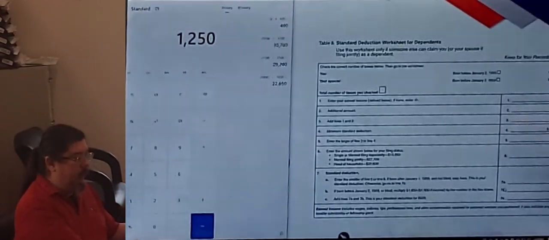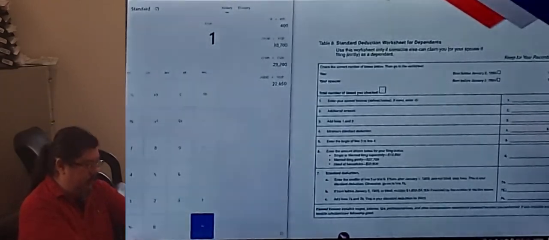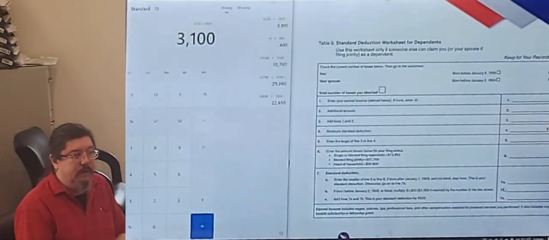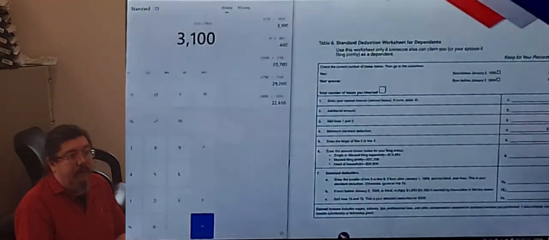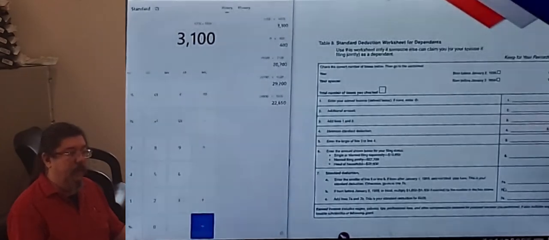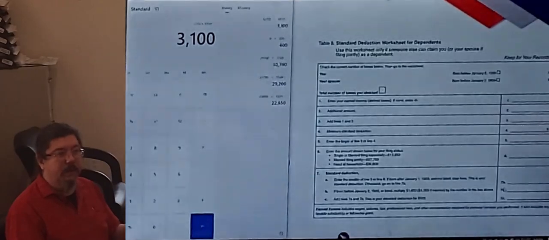But then she's single, so we add another 1,850 to that. So her standard deduction becomes 3,100. So because her permanent fund dividend is less than 3,100, it's not going to be taxable for her. If I have a dependent who's under 65, part of the PFD is going to be taxable.